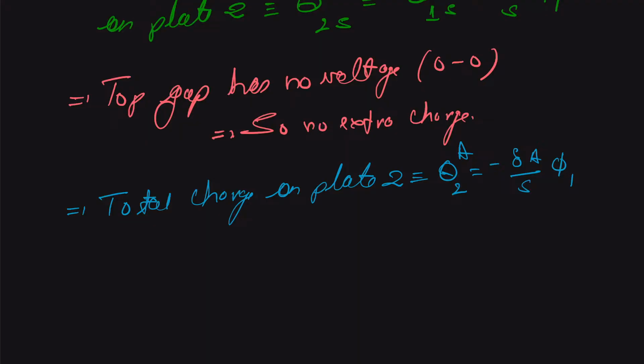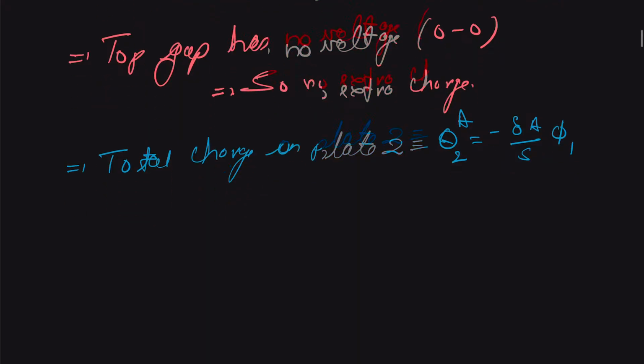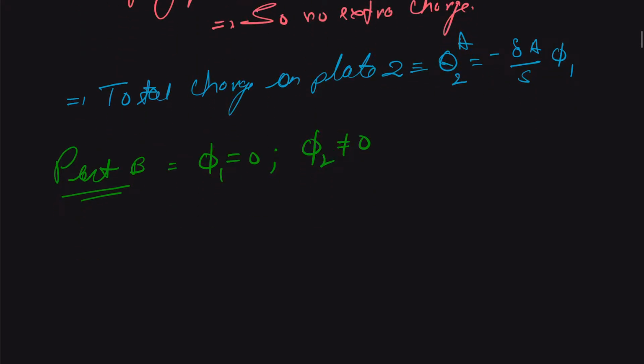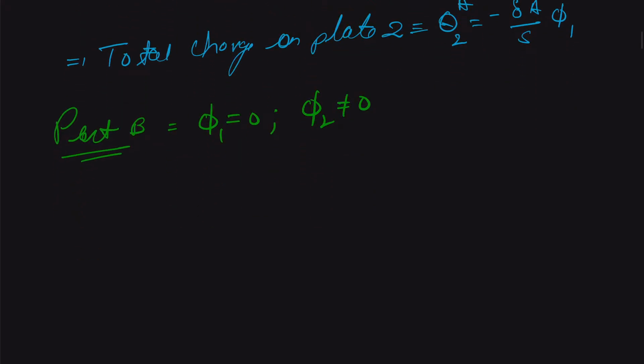Now we come to our part B. In part B, we are going to assume that our phi 1 is equal to 0, but our phi 2 is not equal to 0, just the reverse of part A. Now we come to our voltages. Once again, same process.